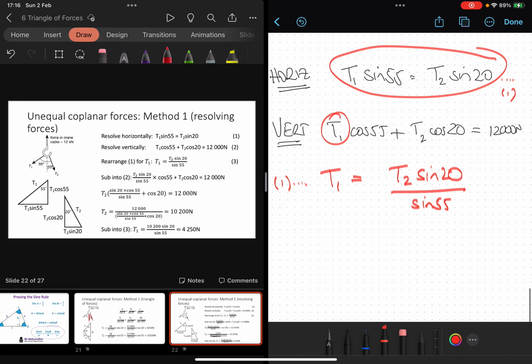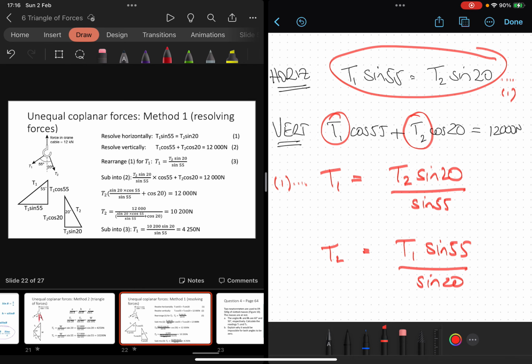And then the second thing that I do is rearrange that first expression to say that T2 is T1 sine 55 over sine 20. And now I can substitute that in place of T2 to solve for T1. So that's quite a lot of information to throw at you, and I've not worked it all out for you. That's what I'd like you to do, and you've got all of the working out in front of you.